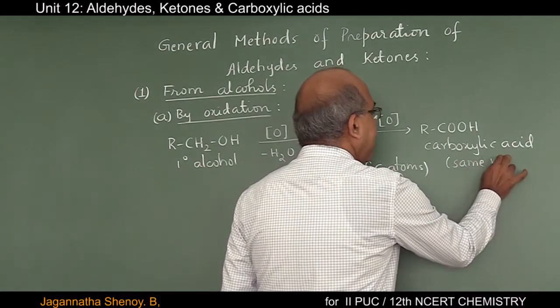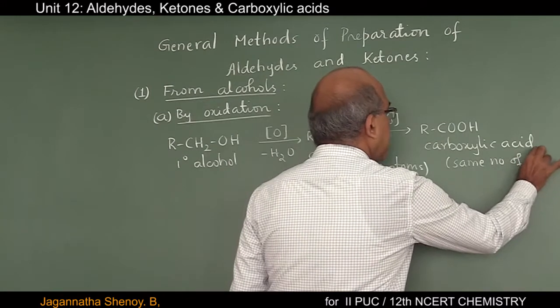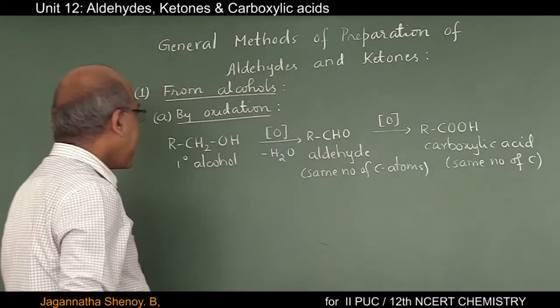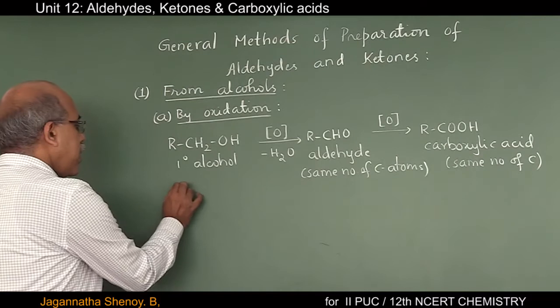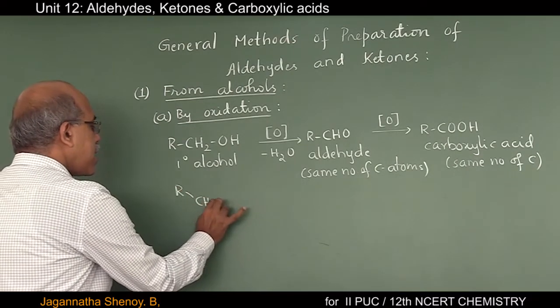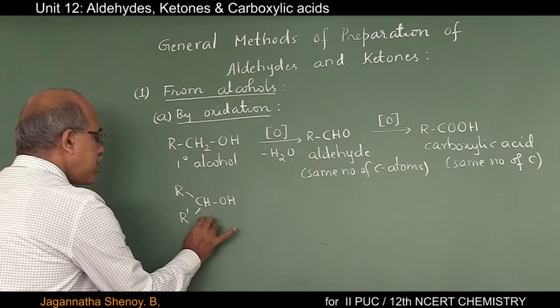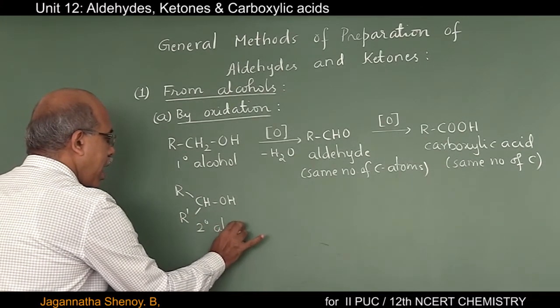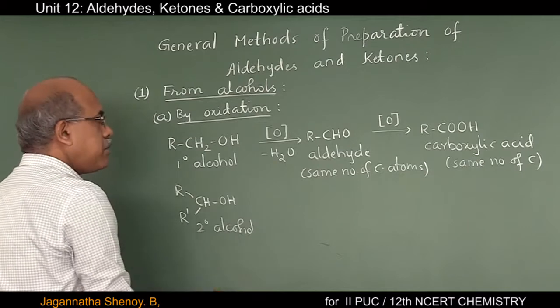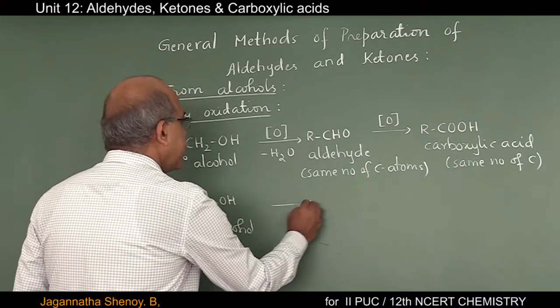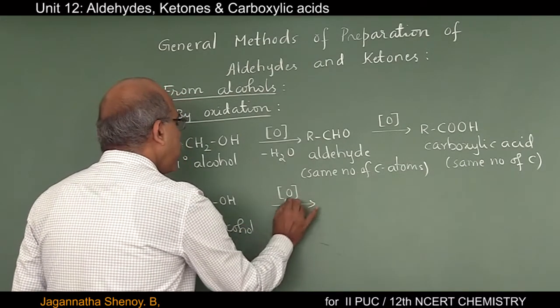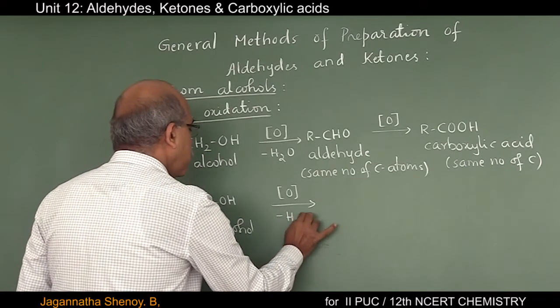On the other hand, you know that if suppose I start from secondary alcohol, which I represent as RCHOH R dash. So I'm starting from secondary alcohol. I'll subject this to oxidation. A molecule of water is removed.